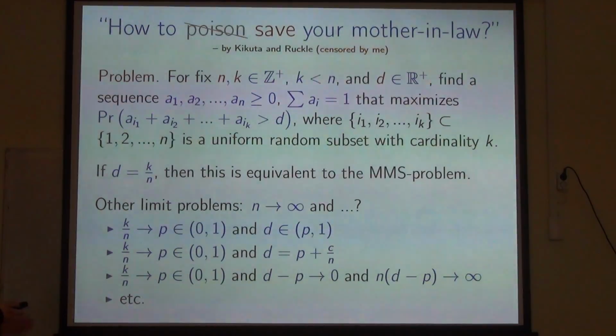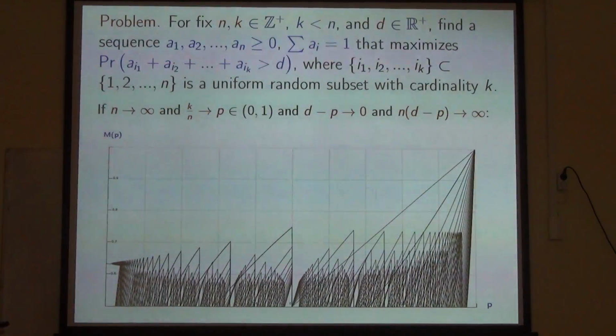This is the intermediate case. If the difference tends to 0 but is more than 1 over n, then you can no longer use these negative values, because it doesn't help to increase the expected amount from k over n to k over n minus a constant. You have a little bit more, but anything significantly more is enough.